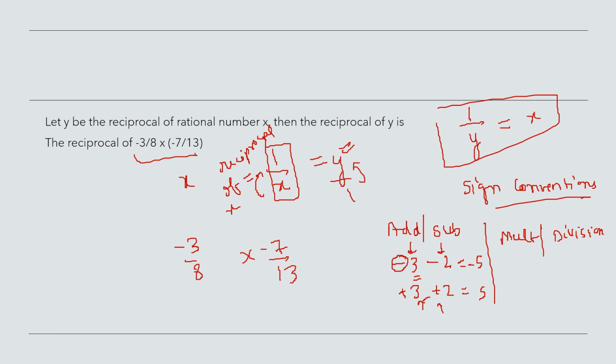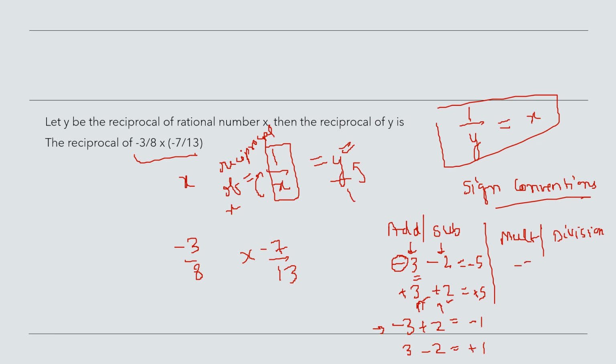Here 3 and 2, 3 is greater, so positive sign. Now let's say I have minus 3 plus 2 and 3 minus 2. So plus minus is minus. 3 minus 2 is 1. But which one is greater here? 3. That is minus 1. Which one is greater here? 3. That is plus 1.